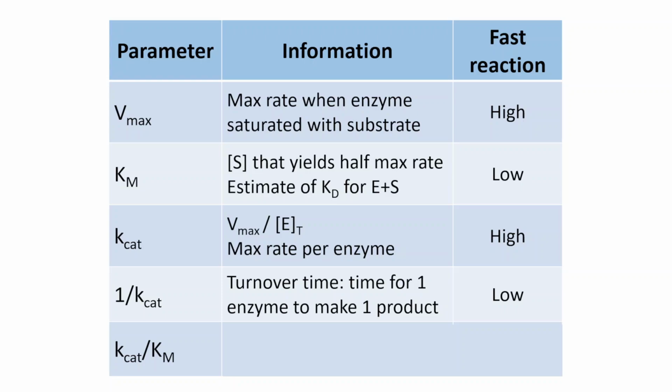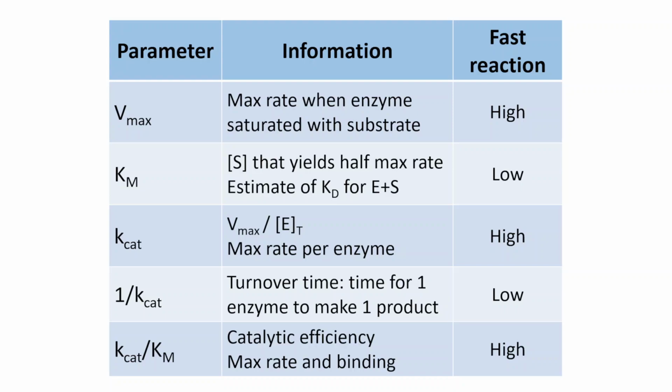So in a fast reaction, would the catalytic efficiency be high or low? High, yeah, awesome. Like I said, the catalytic efficiency takes into account the maximum rate as well as the binding affinity. It's a good way to compare different enzymes or different types of reactions to each other because it accounts for both the rate and the binding affinity. The other parameters are really good for looking at one particular reaction, but if you're trying to compare different ones, catalytic efficiency is a good way to do that.